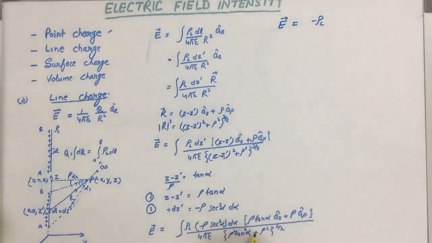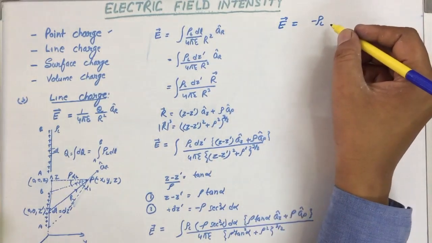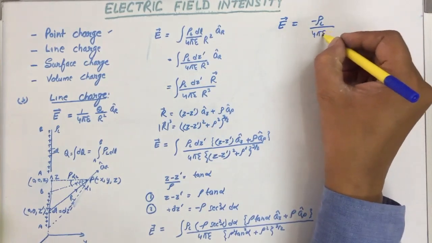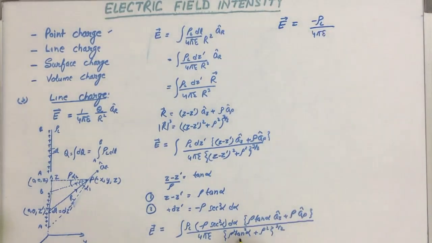Sec square is considered out from here, with 1 sec left. So rho L over 4 pi epsilon, and combining these two, 1 plus tan square alpha gives sec square alpha, which gives sec to the power 3.